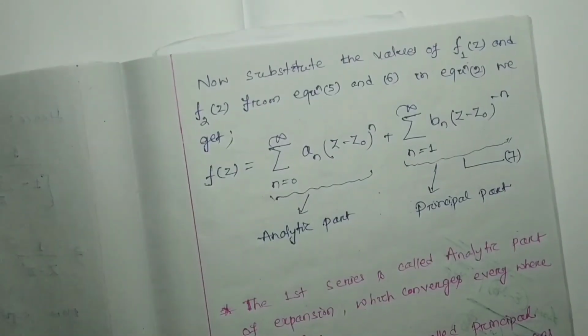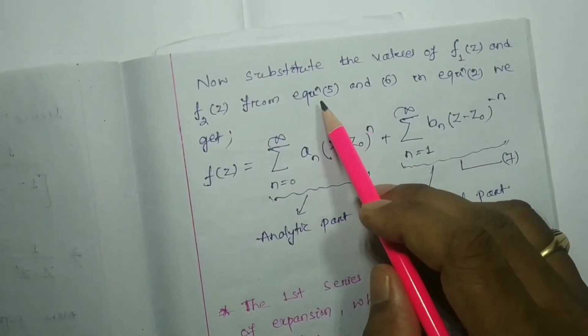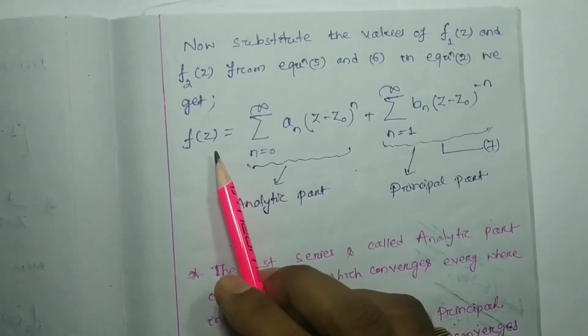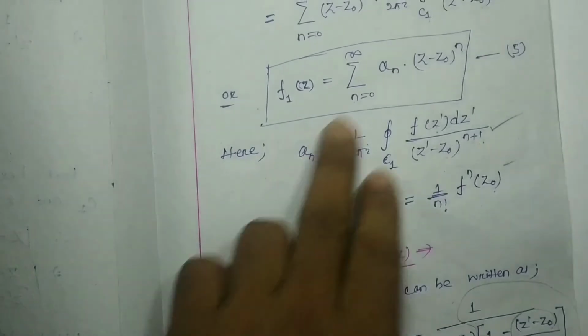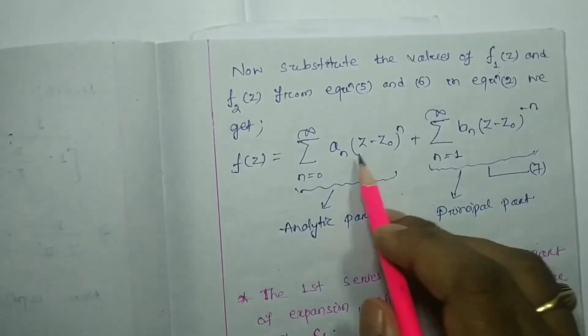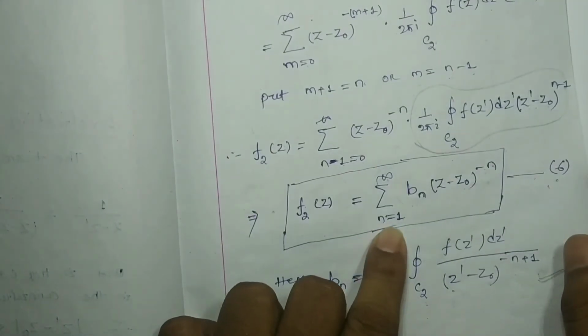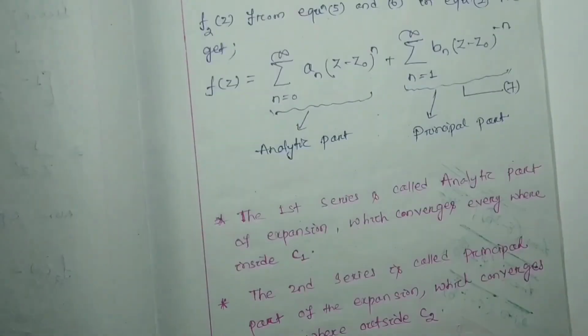So if we consider equation number 2, then by substituting the values of 5 and 6, we can write f(z) will be equal to f1(z). We found this one: summation over n equal to 0 to infinity an (z minus z0) to the power n, and f2(z) is nothing but summation over n equal to 1 to infinity bn (z minus z0) to the power minus n.